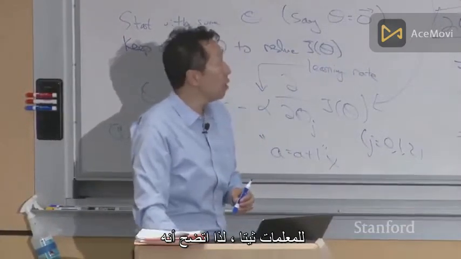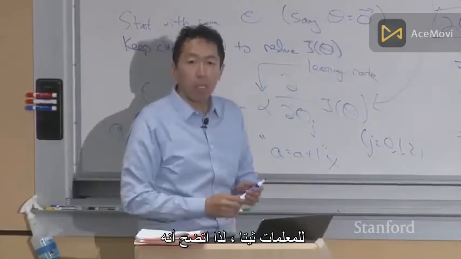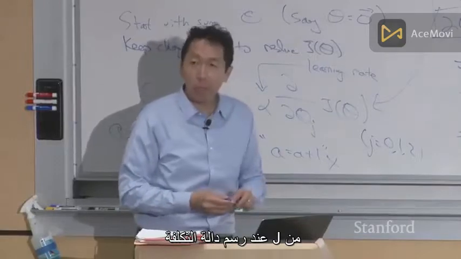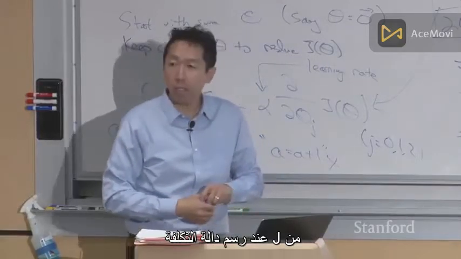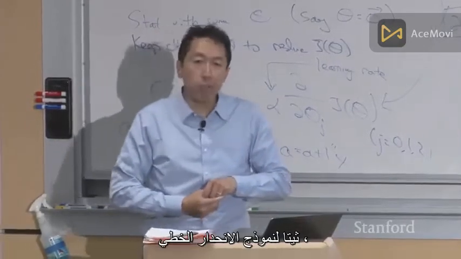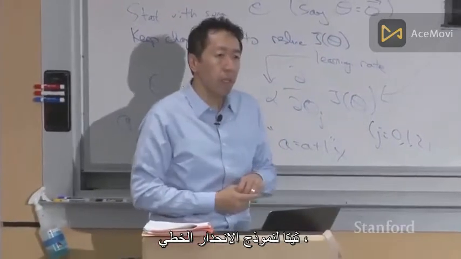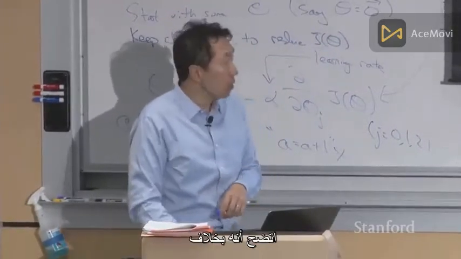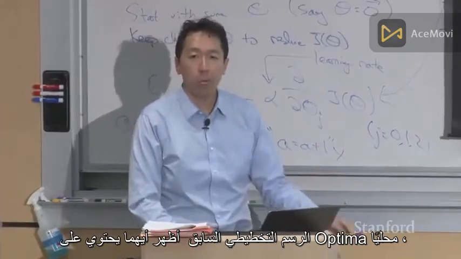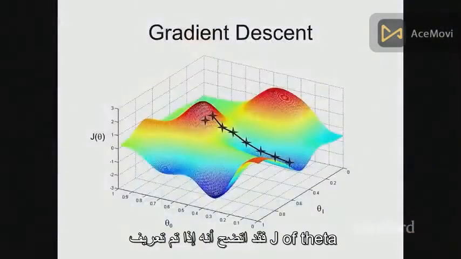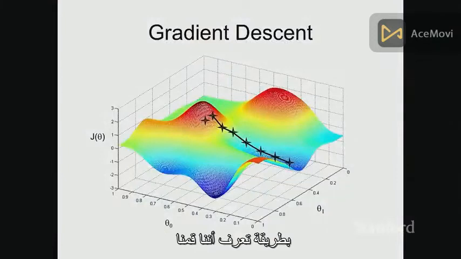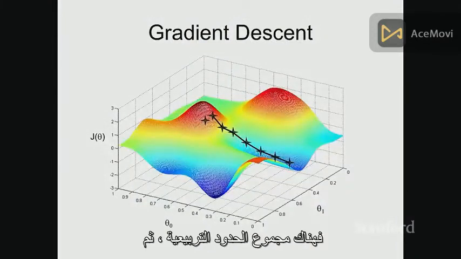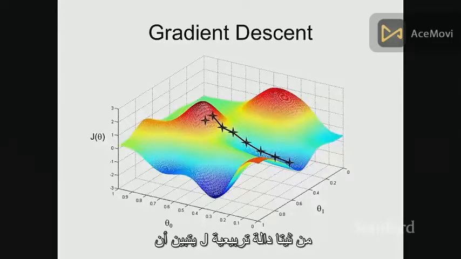It turns out that when you plot the cost function j of theta for a linear regression model, unlike the earlier diagram I had shown, which has local optima, if j of theta is defined the way we just defined it for linear regression, as the sum of squared terms, then j of theta turns out to be a quadratic function.